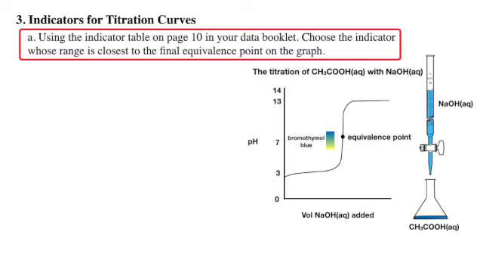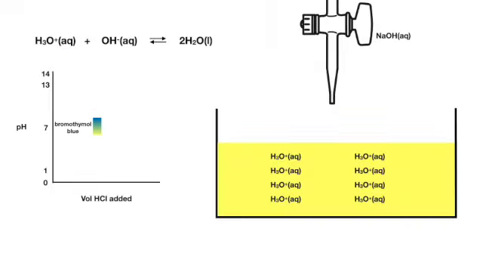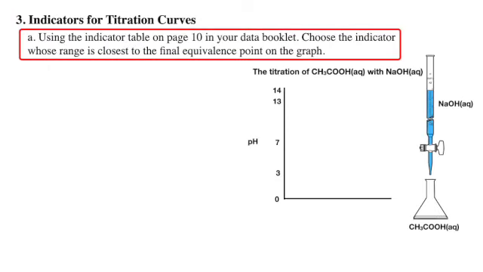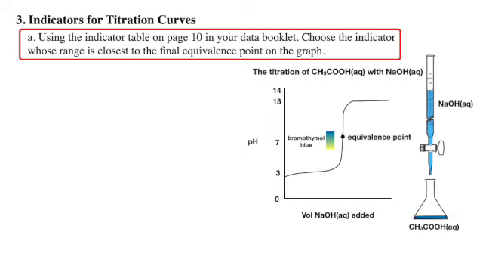Okay. Now, a classic test question they ask is, out of the following, which would be the best indicator? The best indicator is the one that is closest to the equivalence point. So the 135 benzene one, that's too high.